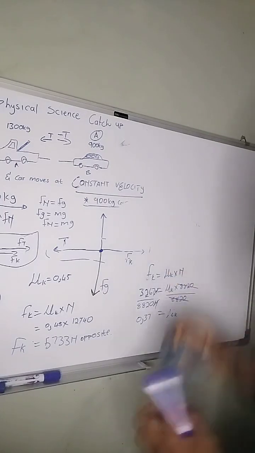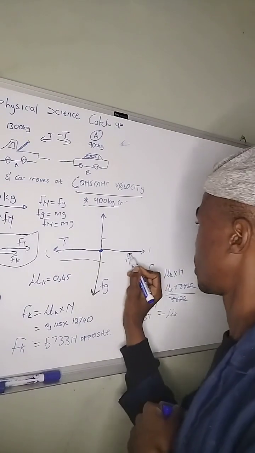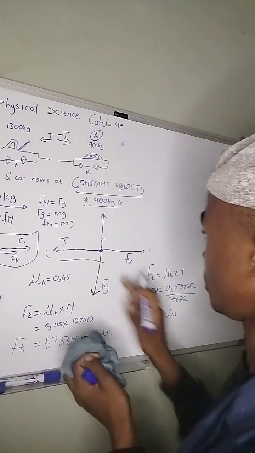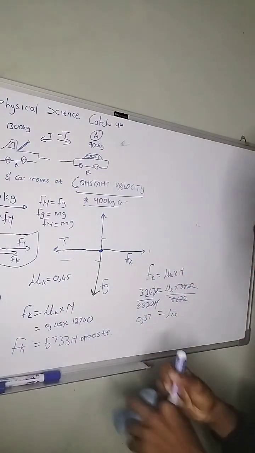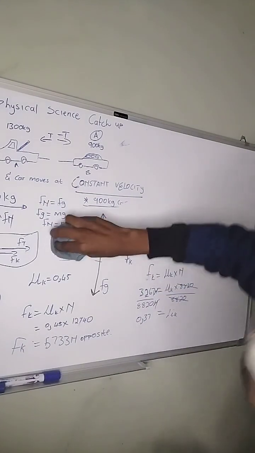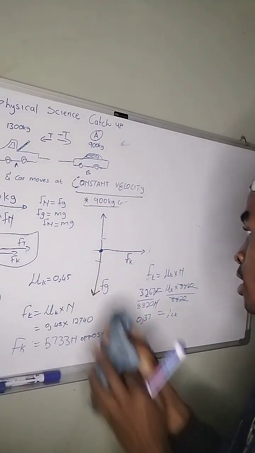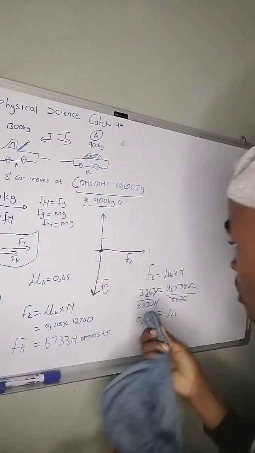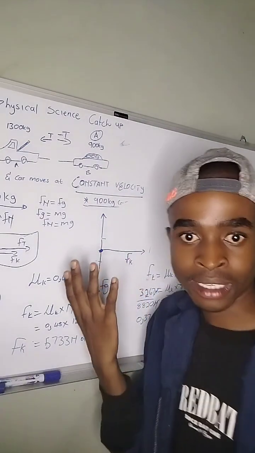But this one I will need: FK, and this one also, which is T. Which means I will be having no tension. The tension will no longer be there, guys. Now my free body diagram is like this.